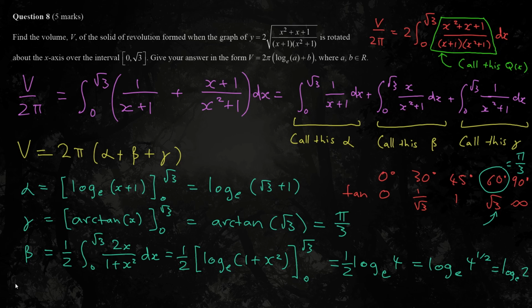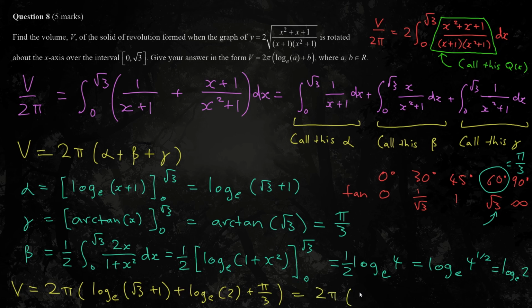So now we just have to put these numbers in and we get our answer. So v equals 2 pi times, now alpha is log to the base e of this stuff, plus beta, which is log to the base e of 2, plus gamma, which is pi on 3. And if you look at the form they want log to the base e of a. So we need to combine the two logs together, which isn't too hard.